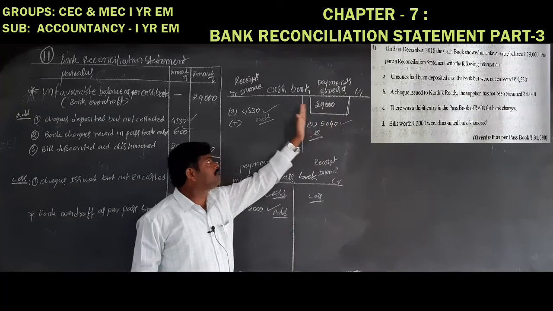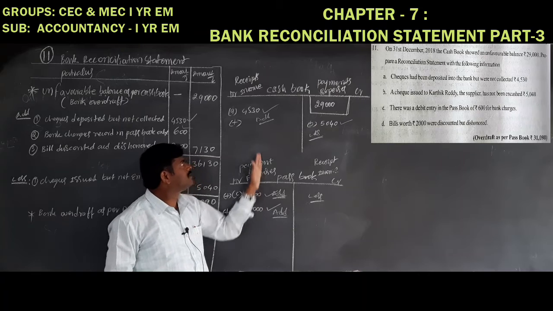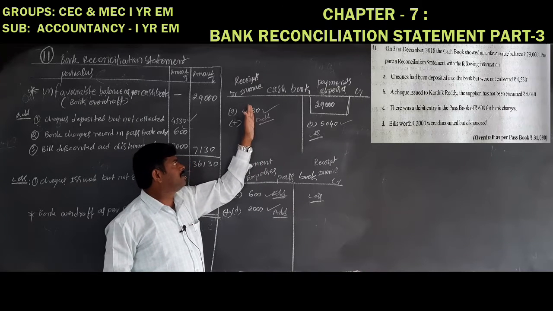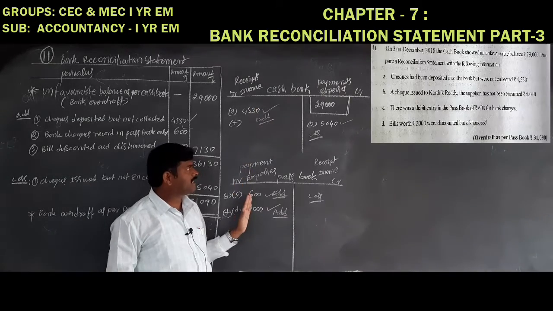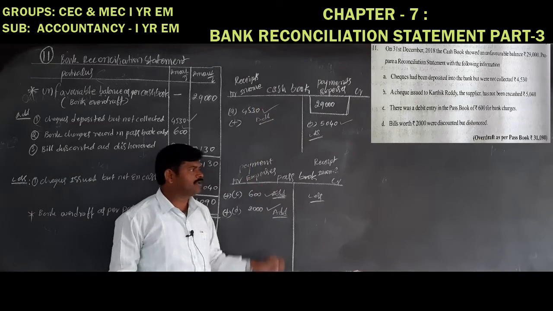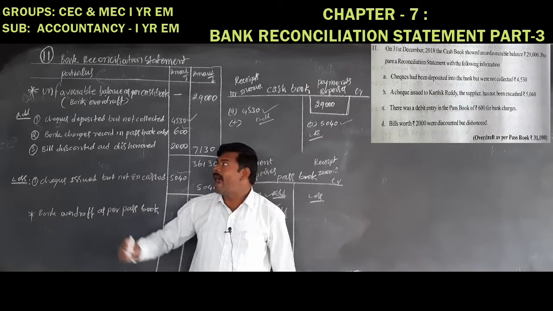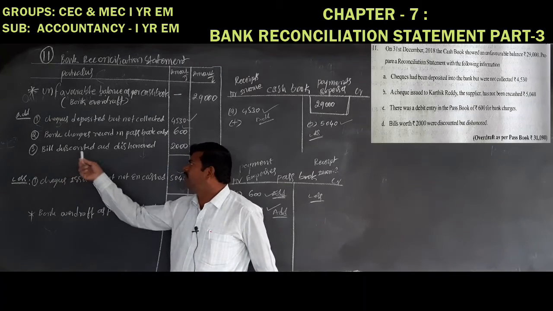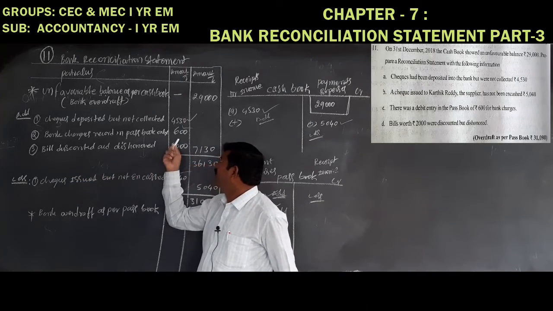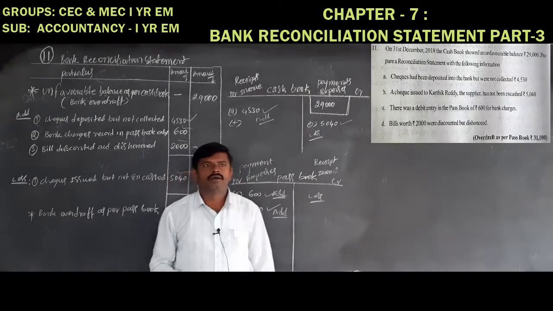Opposite direction to the starting point, these are add items. Debit side transactions in the cash book as well as the passbook must be recorded under add items. So bill discounted and dishonored are also add items. So this is the way.